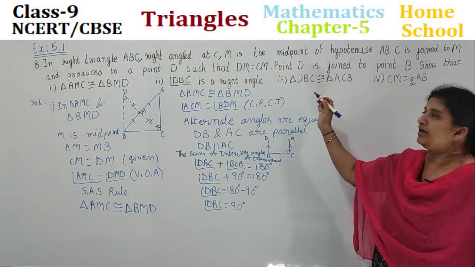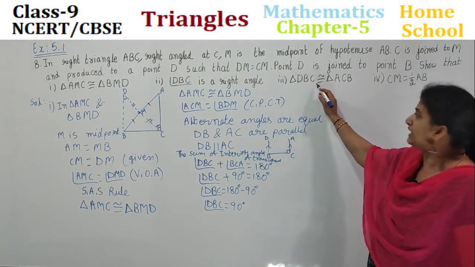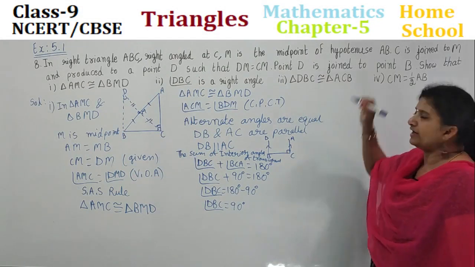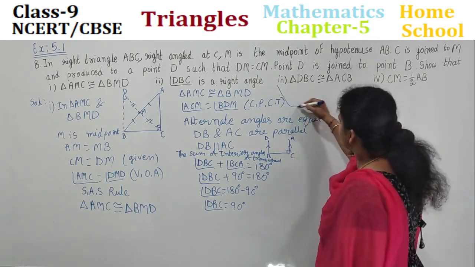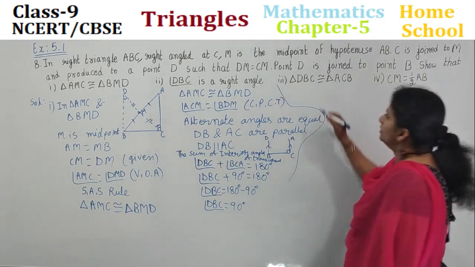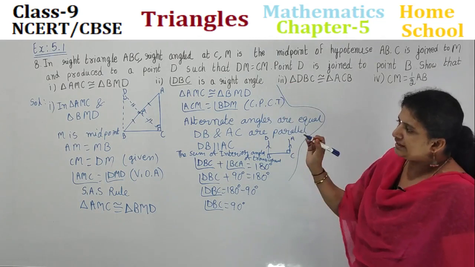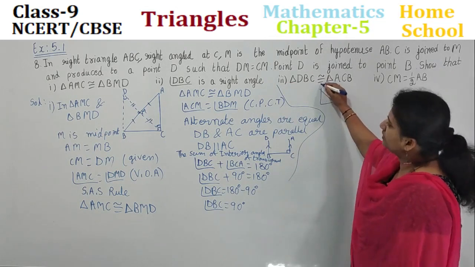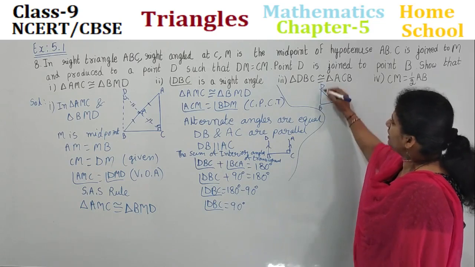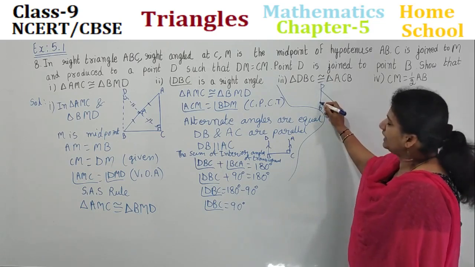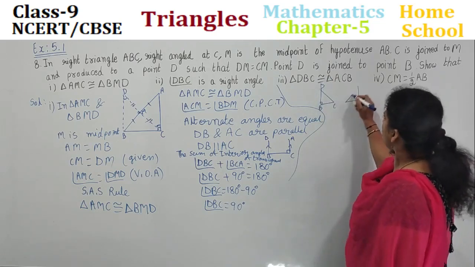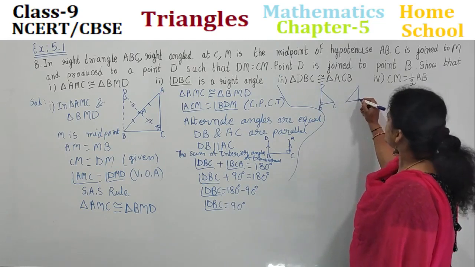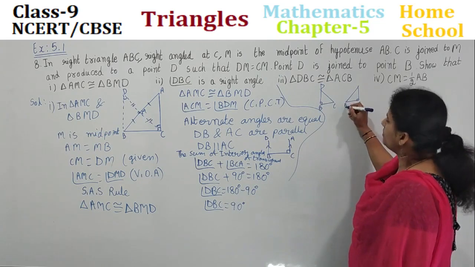Now coming to the third case: triangle DBC is congruent to triangle ACB. Observe here carefully. Let us take a rough figure here. Triangle DBC, right angle we got. And this one is C, right angle.